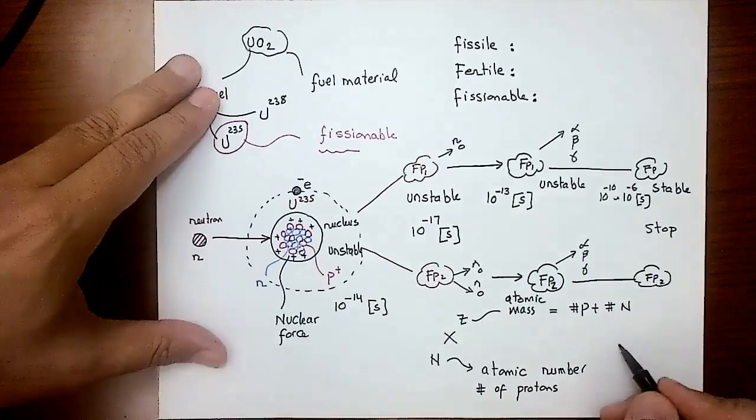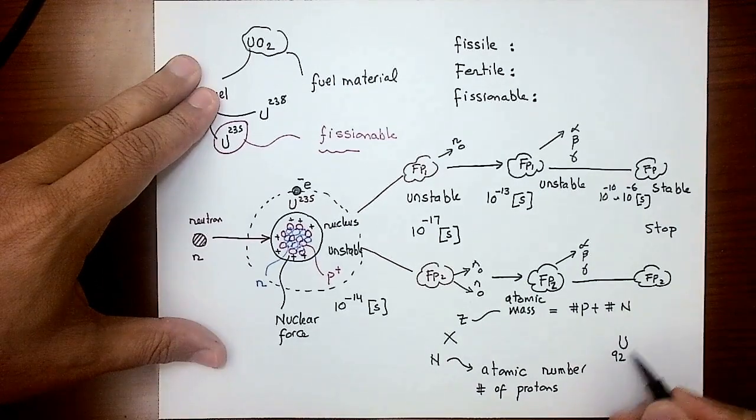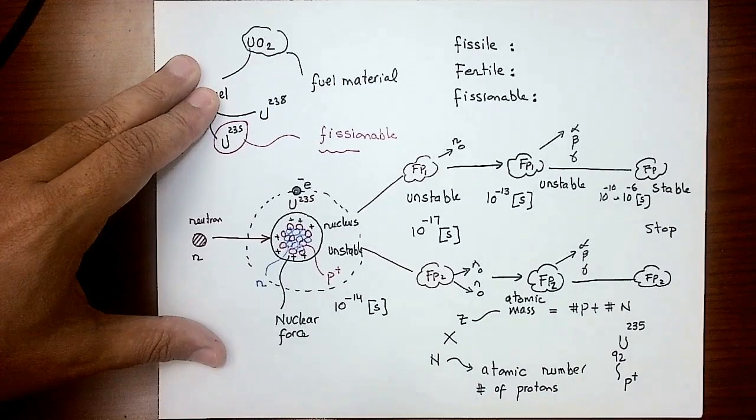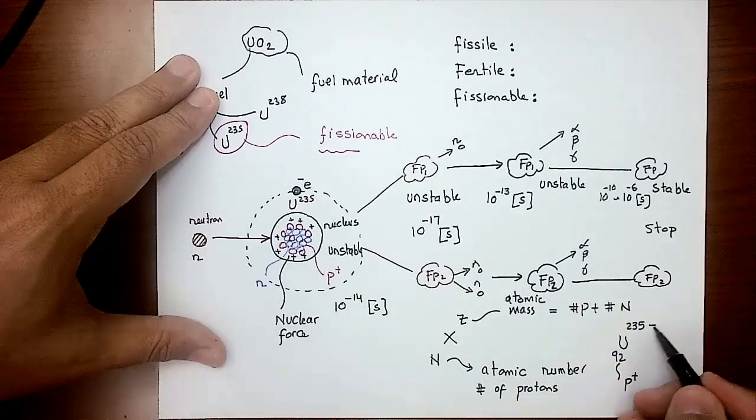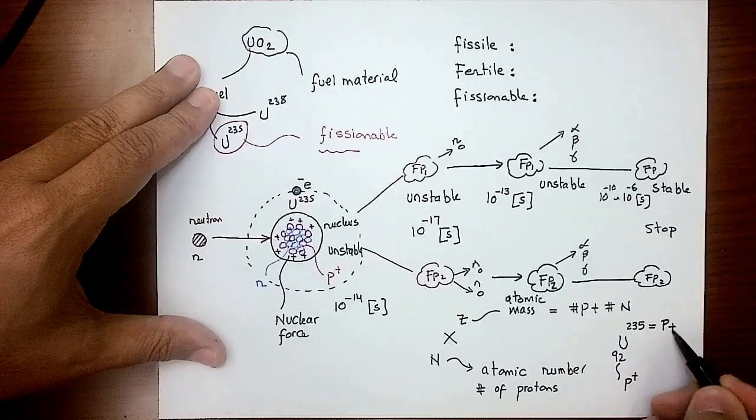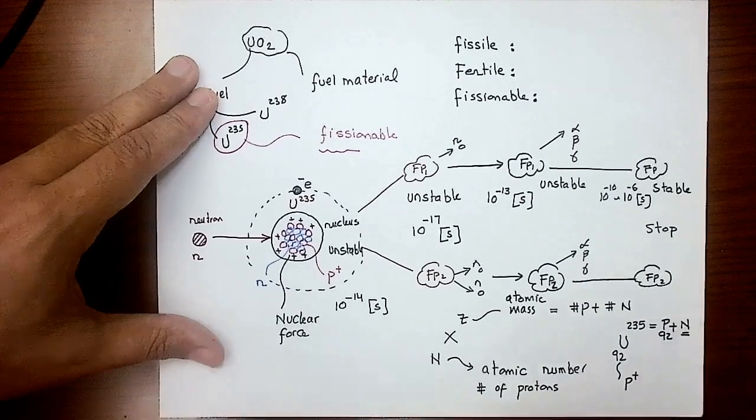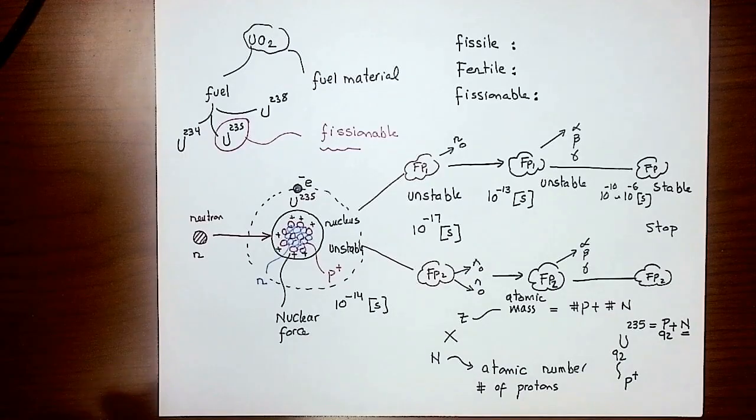For example, if you say uranium, it's 92, 235. That's telling me that I have 92 protons inside that nucleus, and this 235 is the protons plus neutrons. So the protons are 92. You can get the number of neutrons out of this. Okay, that's how we read that number here.